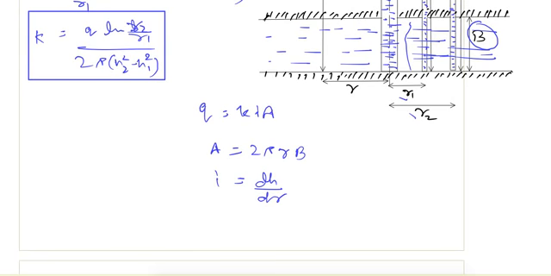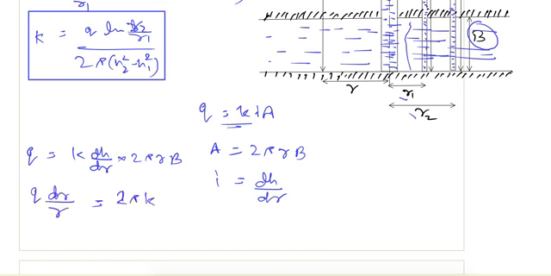If we put this value in this equation, Q is equal to K dh upon dr into 2 pi r B, and from here Q dr upon r is equal to 2 pi K B dh.